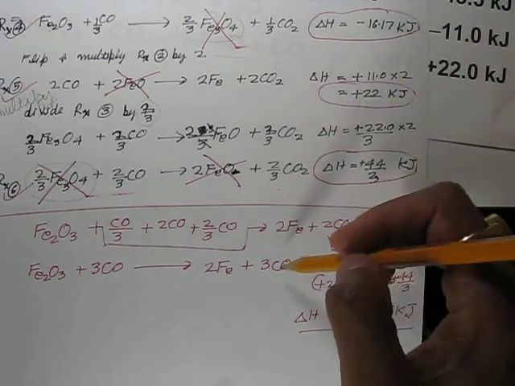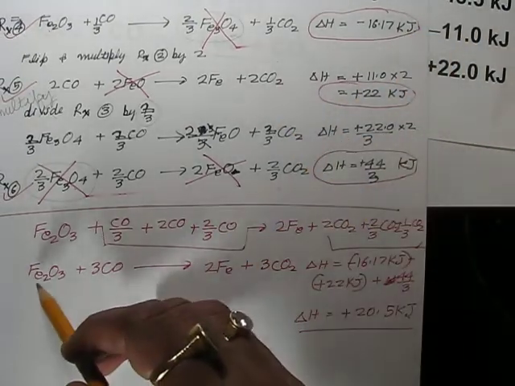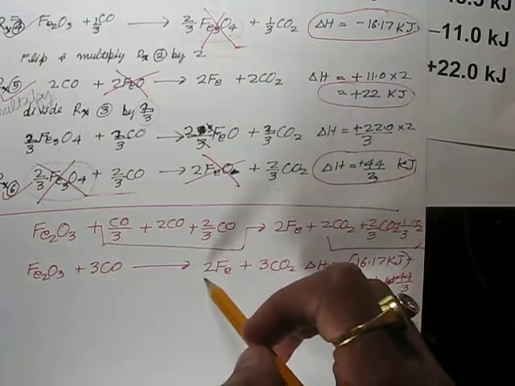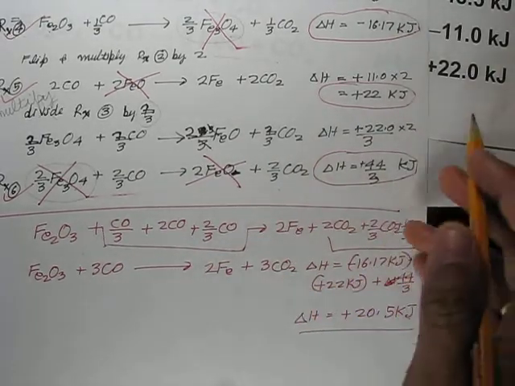So at the end, once you calculate, this will become Fe2O3 plus 3 CO gives 2 iron and then 3 CO2.